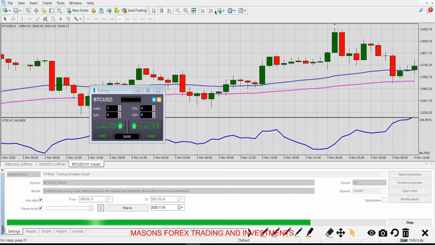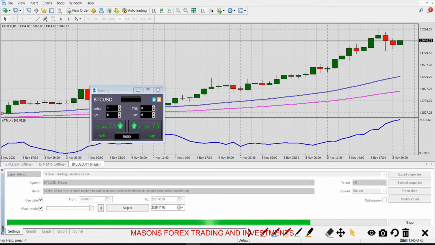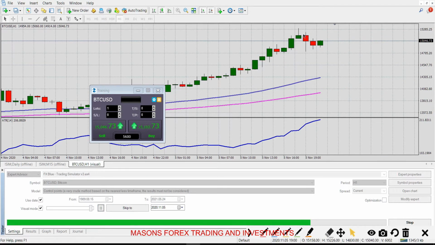Here I pause the simulator. We have a 2 candle pullback. If price were to close higher, I would set my stop loss at 1 ATR.